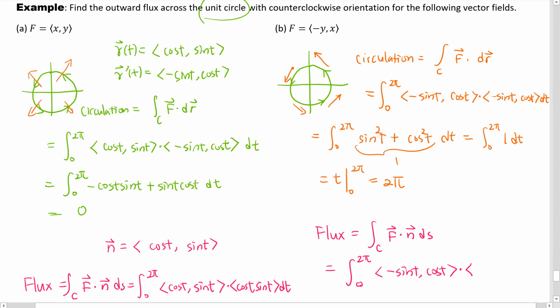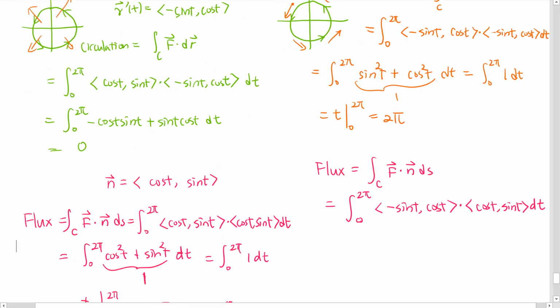Okay, so that is (cosine t, sine t) dt. So that equals the integral from 0 to 2π of minus sine t cosine t plus cosine t sine t dt.